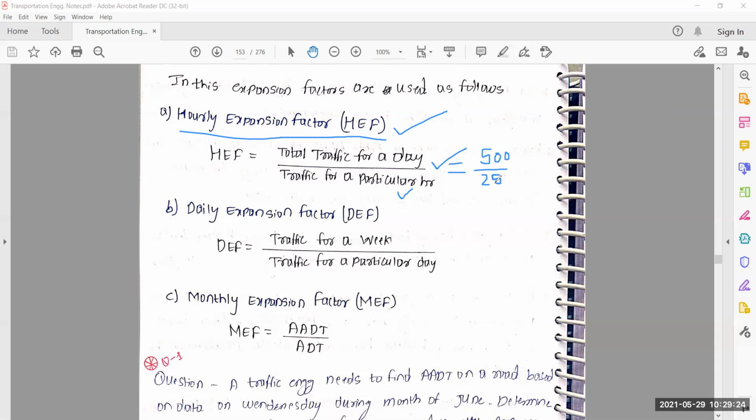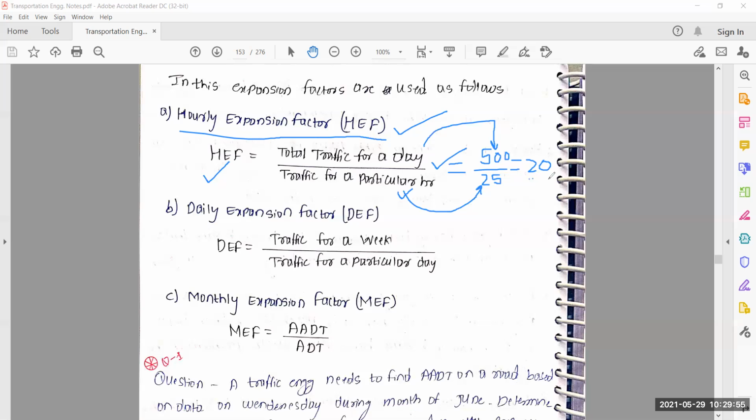So here our HEF is equal to 20, because hourly expansion factor is defined as total traffic for a day by traffic for a particular hour. We take total traffic for a day as 500 and traffic for a particular hour as 25, so our value comes as 20.